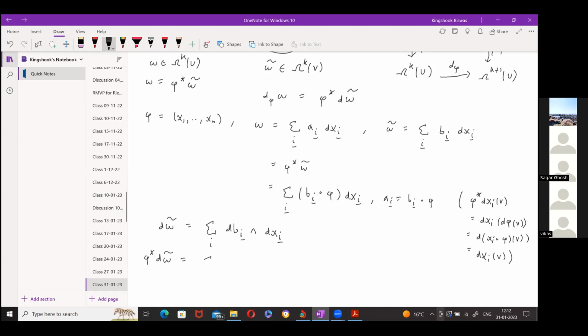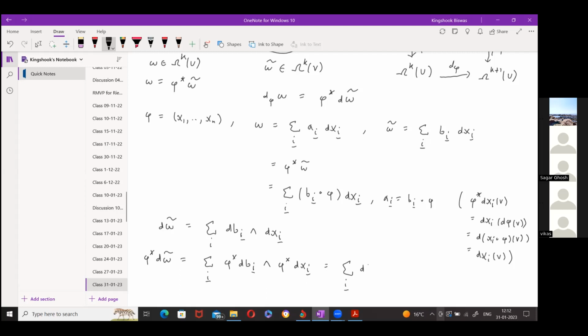And so what is phi star of d omega tilde? This is equal to the sum over I bar of phi star of dbi bar wedge phi star of dxi bar. Now, by abuse of notation, this phi star of dxi bar is again going to be dxi bar. And phi star of dbi is going to be what?